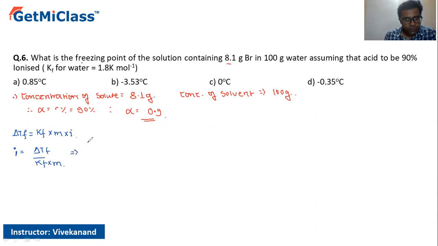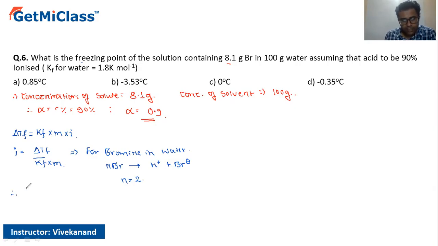So therefore, for bromine in water, it will react in order to form HBr, right? So therefore, it can split as H plus plus Br minus. So the total number is going to be 2 ions which are going to be formed.